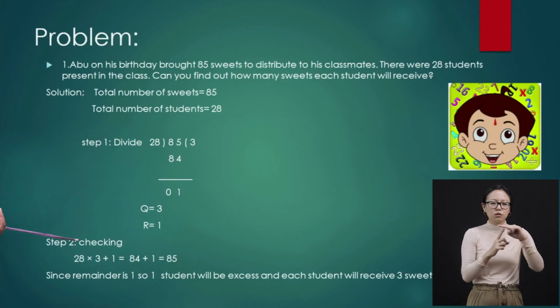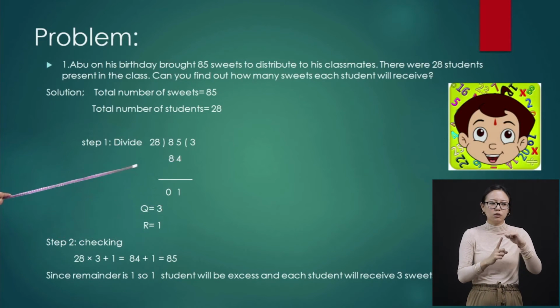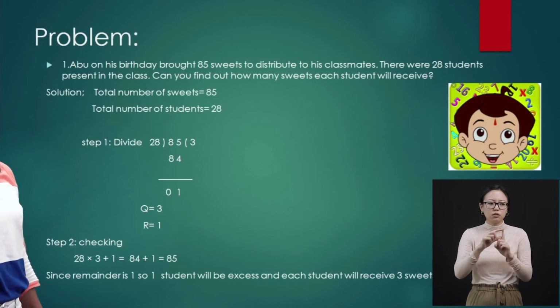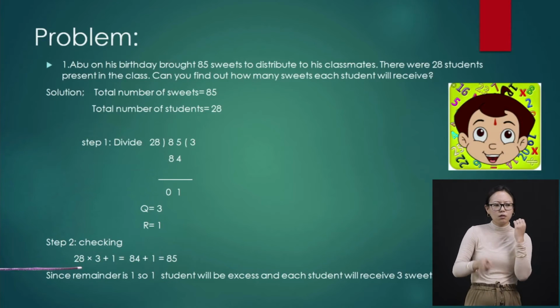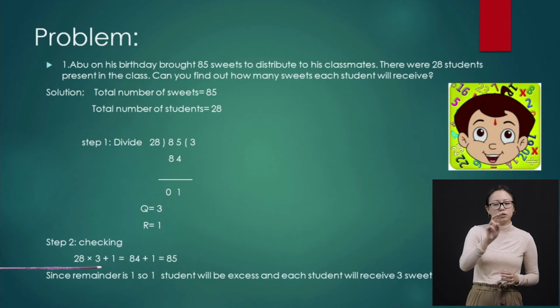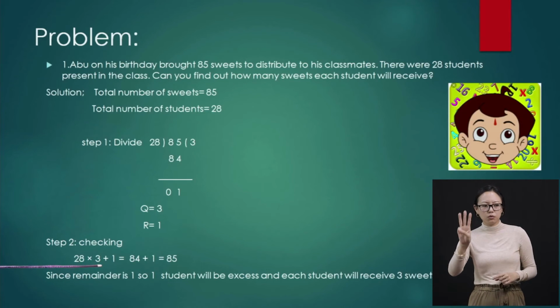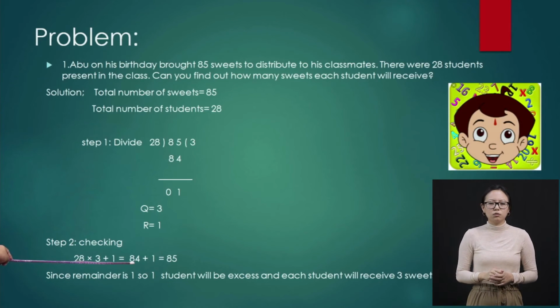Then step 2, what do you have to do? You have to check it. How many students got how many sweets? Alright, in the next step, you need to multiply 28 into 3. When you multiply 28 into 3, you'll get 84.